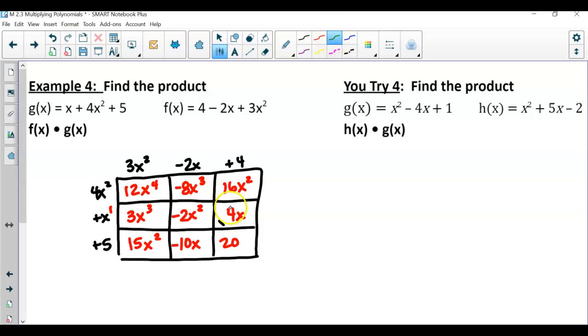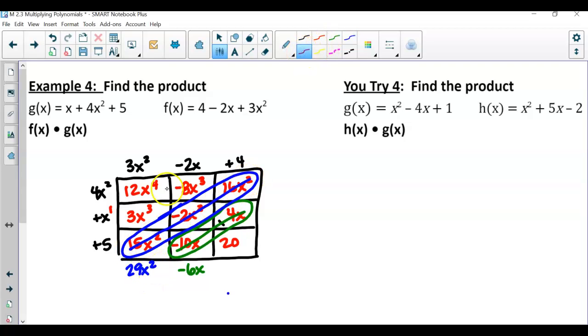Now combining like terms. Here I see two x terms. Negative 10x plus 4x, negative 6x. I also have these x squared terms here. We have 15 minus 2, which is 13. 13 plus 16 is 29. So 29x squared.